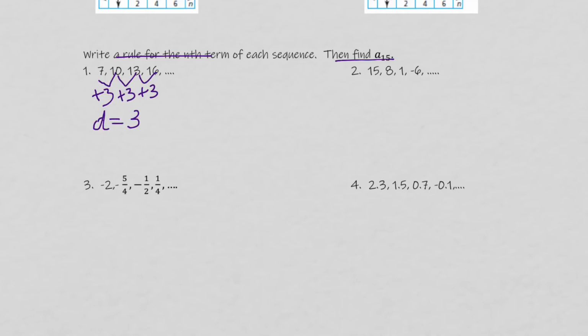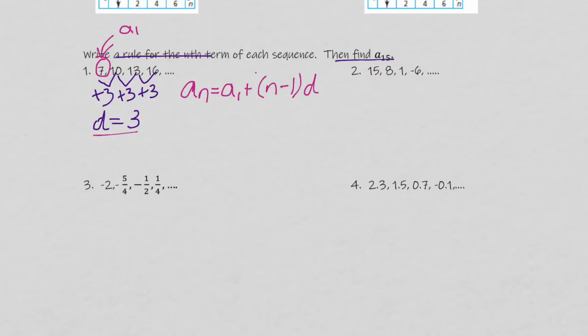So now instead of us having to go through and guess this, we're going to pull down our rule: a sub n equals a sub 1 plus n minus 1 times d. And we're going to plug in the information that we are using in this case. So I know that 7 is my a sub 1, and I know that d is 3.